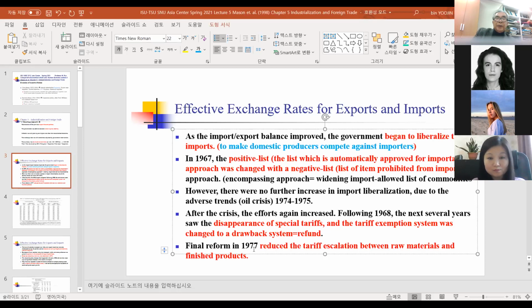The final reform in 1977 reduced the tariff escalation between raw materials and finished products. What is tariff escalation? It's a little bit more technical. Let me see if I can draw a tariff escalation picture.